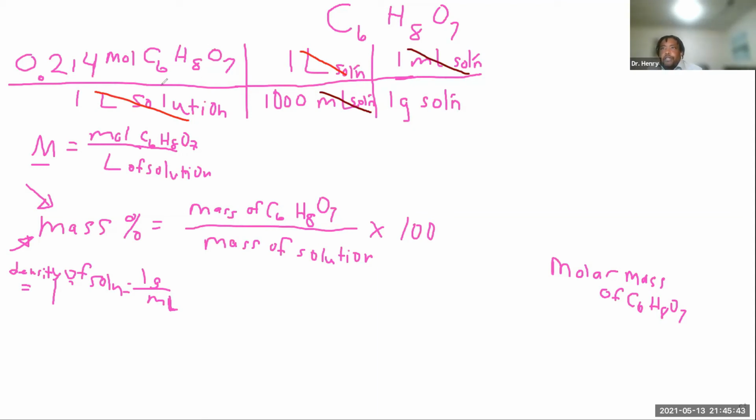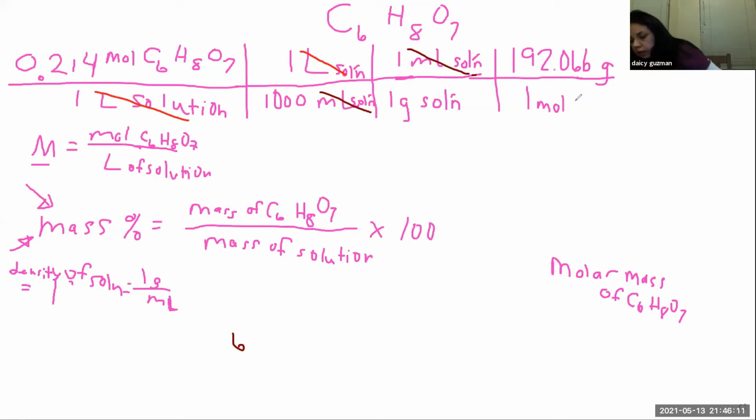So what is the molar mass of citric acid? 192.066 grams per 1 mole of C6H8O7.